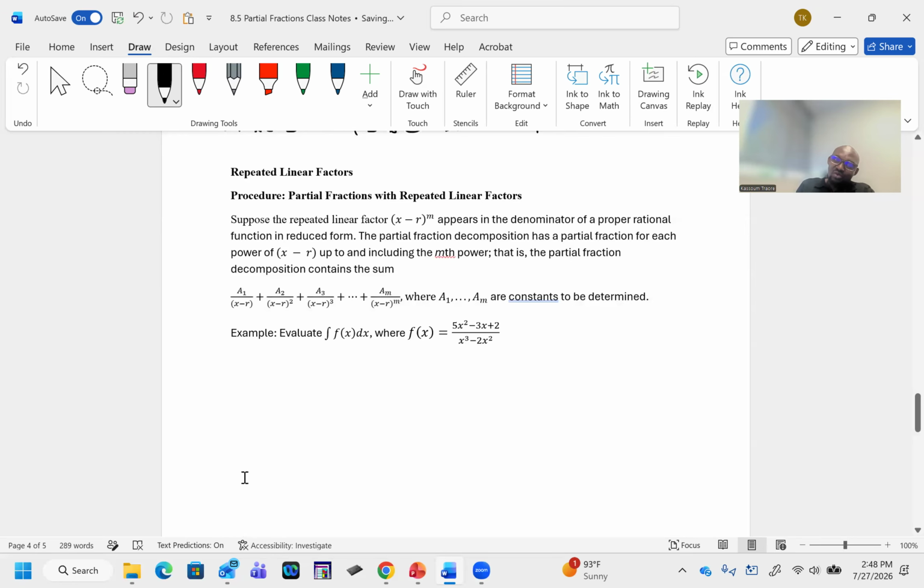First thing, you always try to factor the denominator completely. That's the first step all the time. You have to try to factor the denominator completely. So if I check again for this problem, the denominator is what?